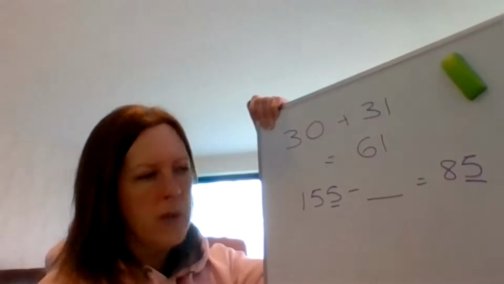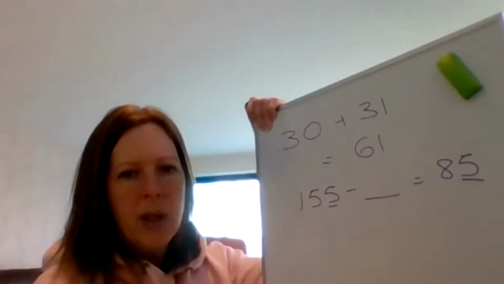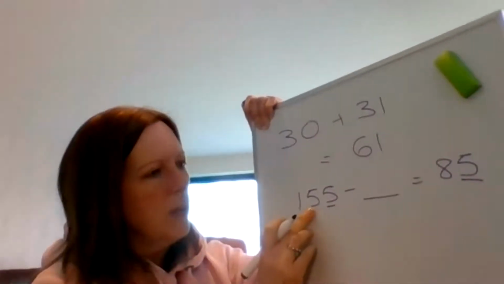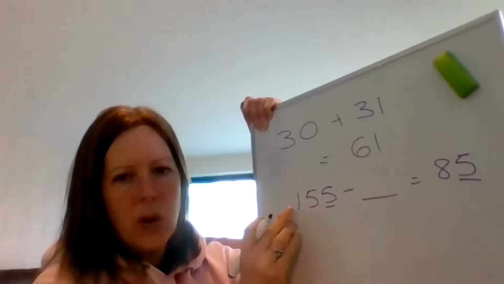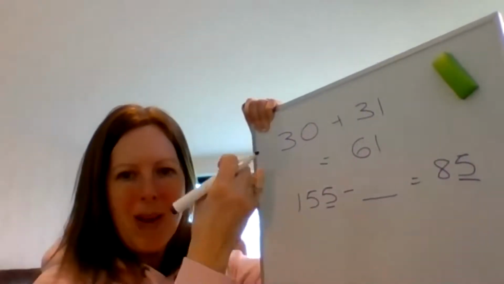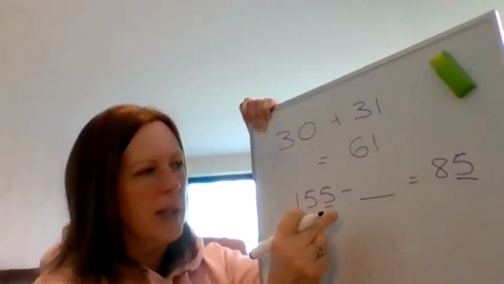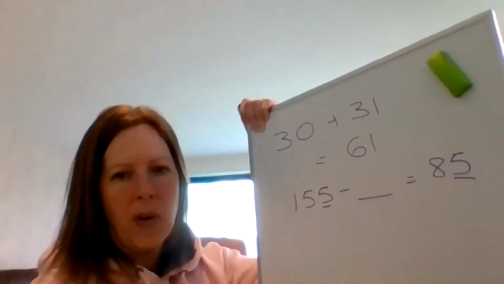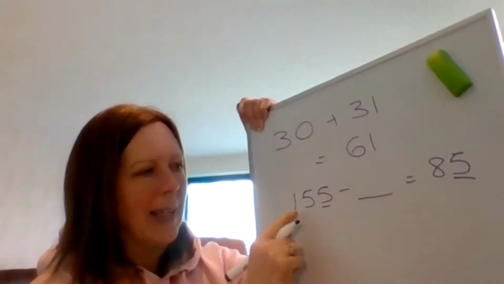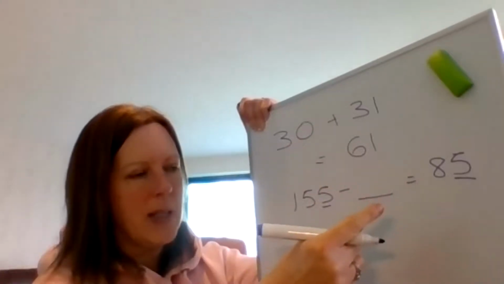We've got 5 ones in each of the numbers there. So we've got to be thinking about our tens column and thinking about how many tens I have taken away to get to my 85 here. So we know we're going to be counting backwards in tens.